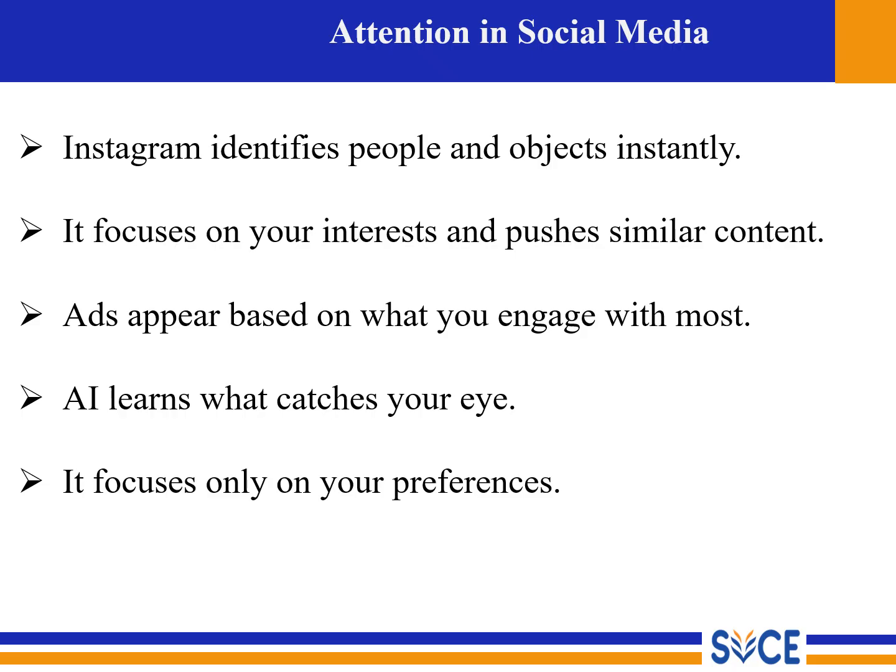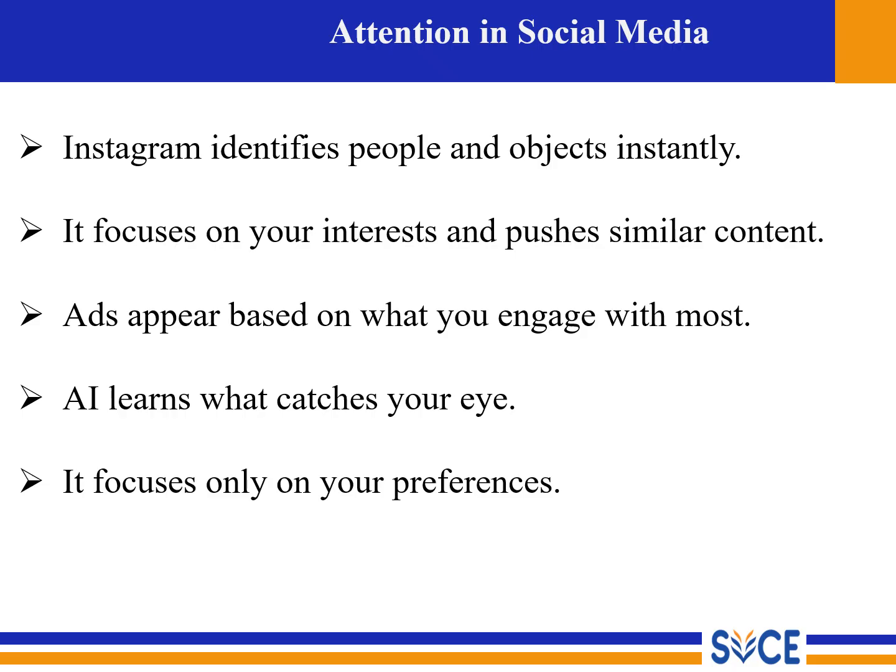The same applies to advertisements also. Have you noticed that ads often match your interests? That is because AI identifies the patterns in your activity and focuses on relevant features. This improves engagement but also raises concerns about privacy and transparency.